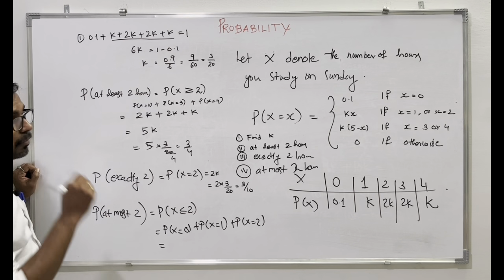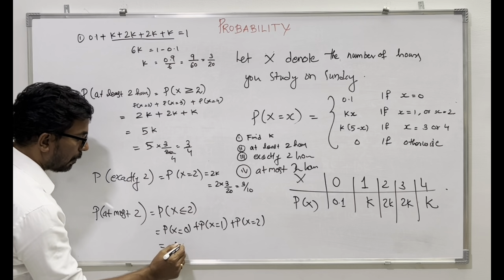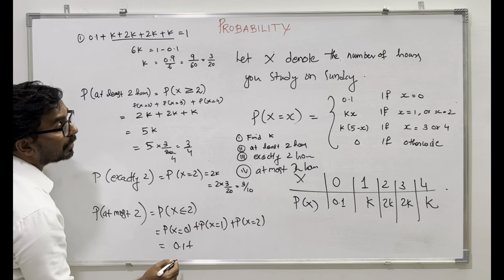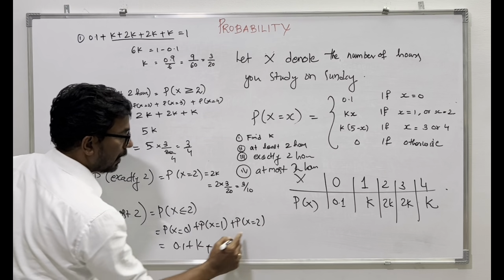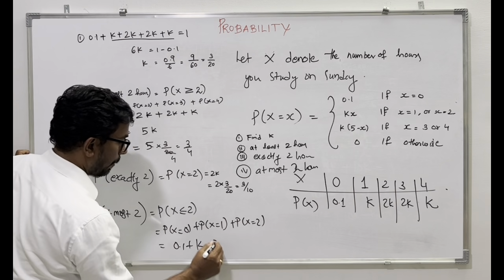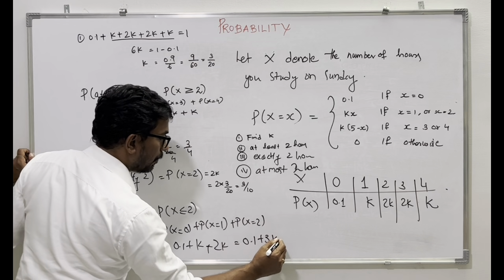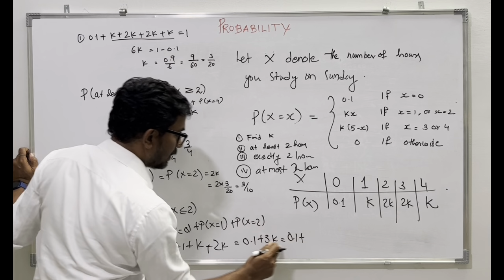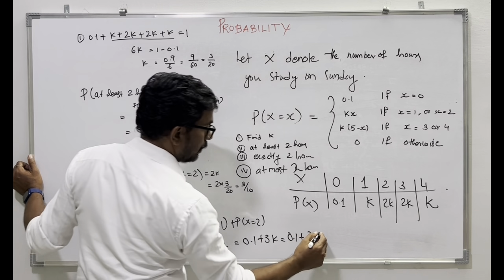So probability of x equal to 0 how much? That is 0.1, plus x equal to 1 is k, x equal to 2 is 2k. So that is 0.1 plus 3k, which means 3 into 3 by 20.